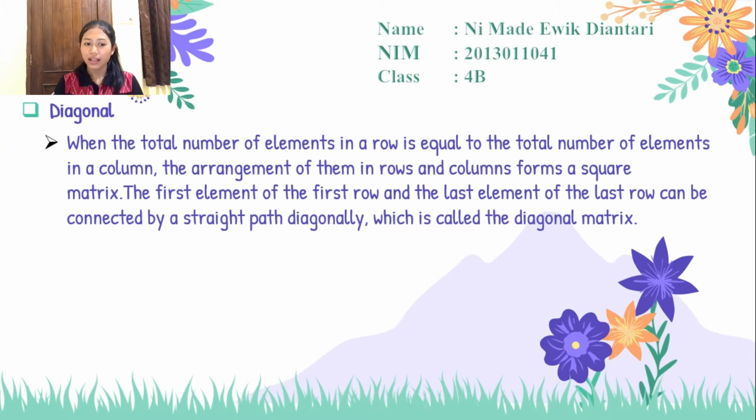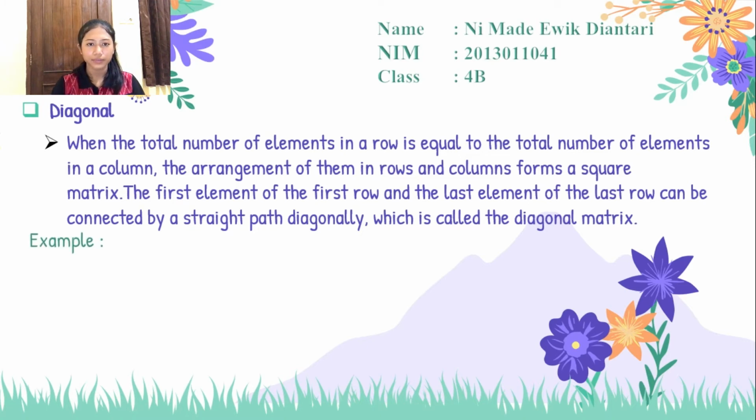Similarly, an element from each row comes in this diagonal straight path. Hence, the elements which appear in the main diagonal of a square matrix are the diagonal elements of the square matrix.